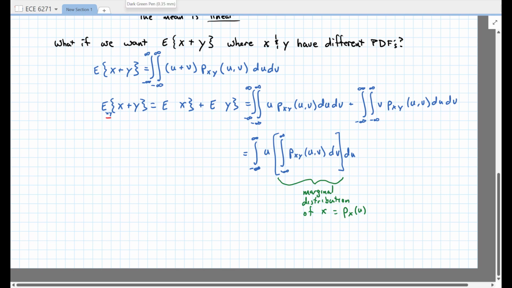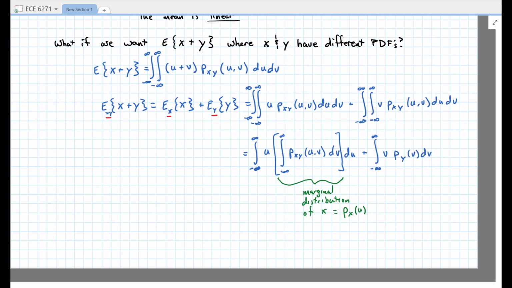So now we can go back and actually make a change. We're going to change these subscripts now to reflect that this is now x and that is now y. And the same thing, of course, happens there with the second part, like so.